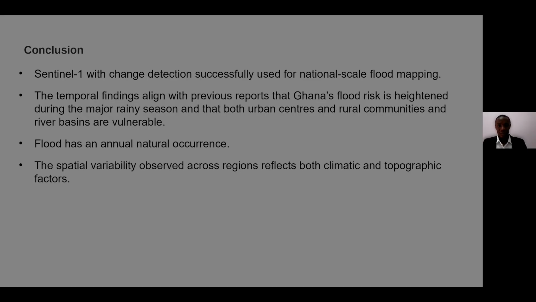And then flood also has an annual and natural occurrence in conformity with the climate pattern of Ghana, and it is not uniform across the country. It affects some regions more than others, and it's related also to the climate and the topography as well.